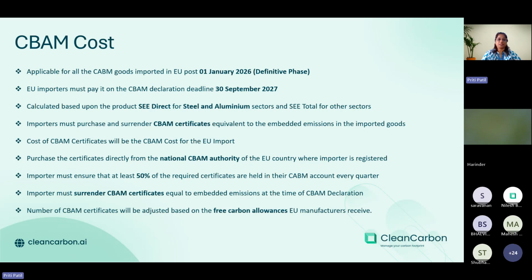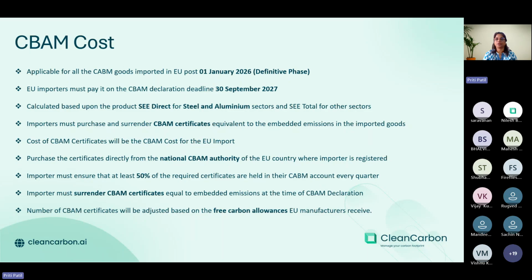Importer must ensure that at least 50% of the required certificates are held in their CBAM account every quarter. So at the end of the quarter, they need to calculate how much emissions they have brought inside EU because of the imports they have done throughout that quarter, and half of the certificates need to be held in their CBAM account.